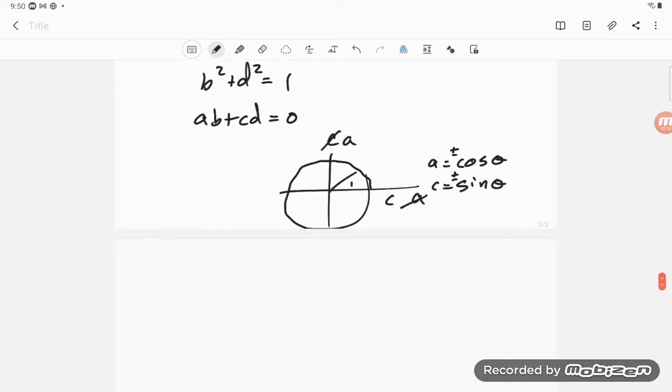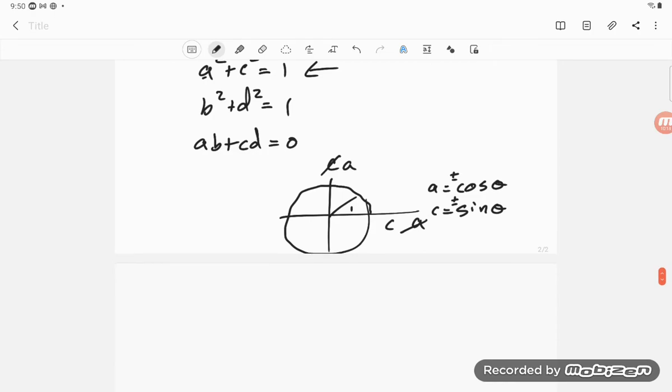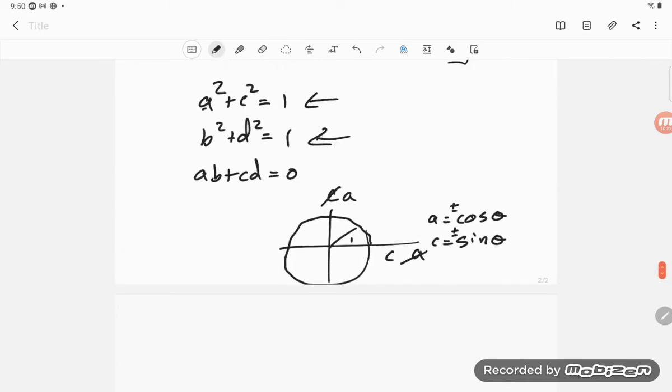So we have that, both of these, the a squared plus c squared and the b squared plus d squared, given that those are circles of radius 1, we can parameterize them this way. So that's where we get the sine theta and cosine theta stuff.